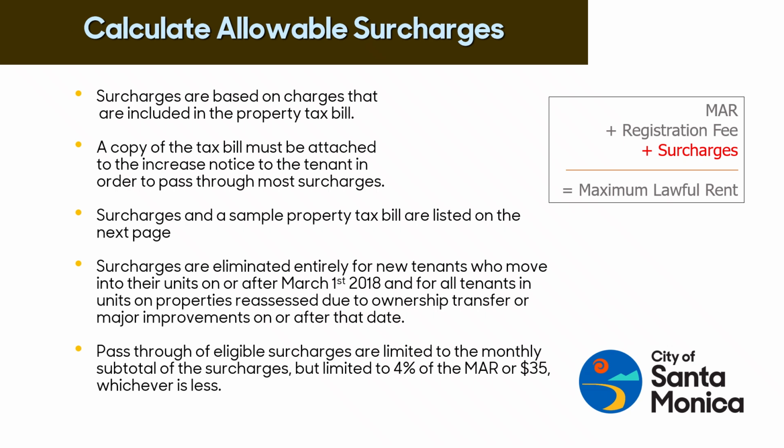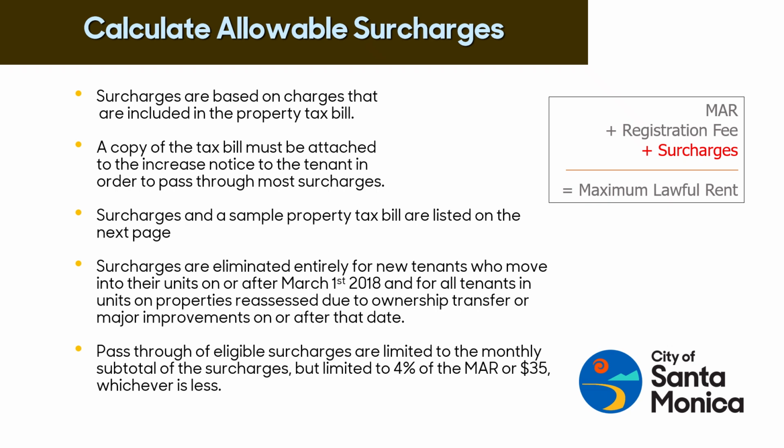The third component of the maximum lawful rent are the surcharges. There are 5 items off the property tax bill that can be passed through to the tenants: Unified schools, community college, school district parcel tax, which is Measure R, stormwater management user fee, and clean beach tax.